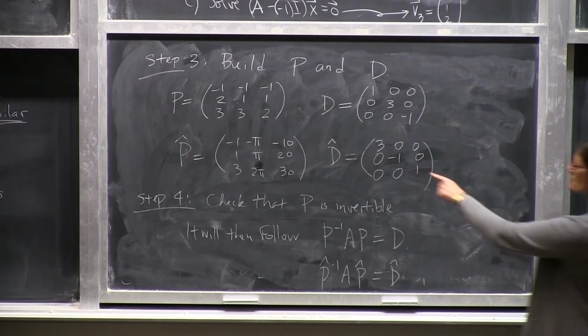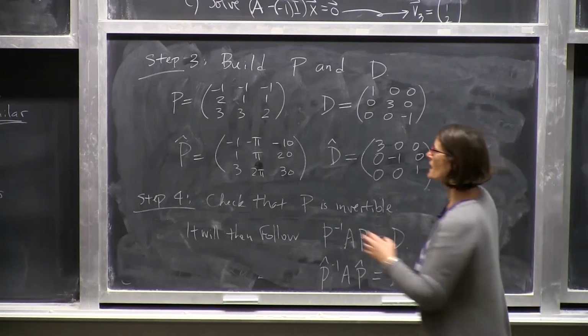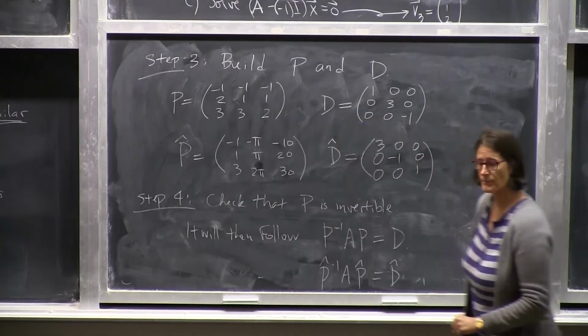So to check that P is invertible, we could compute the determinant. We could check that the columns are linearly independent.